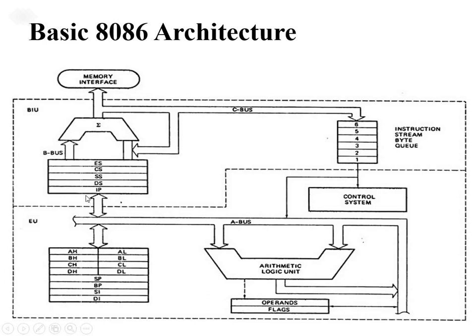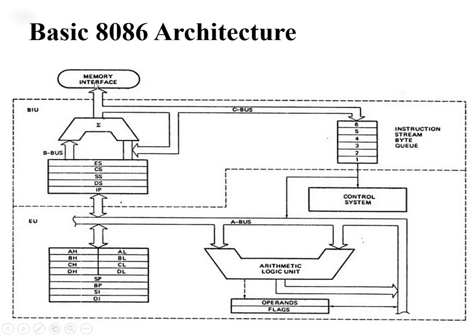Basically we have all the 4 segment registers here. ES stands for extra segment, CS stands for code segment, SS stands for stack segment, DS stands for data segment, and IP stands for instruction pointer. We have an instruction queue, right?